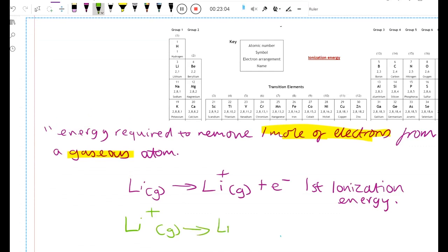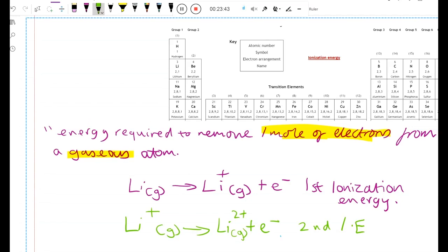We're removing another electron, so now it becomes 2 plus, and then plus e minus. And that would represent the second ionization energy. Okay, now you need to put the gas symbol there. This is one of the very few examples where the SQA would require you to include the state symbol to gain the mark. Okay?